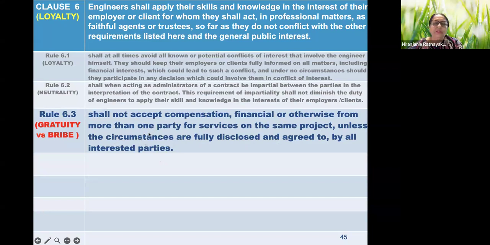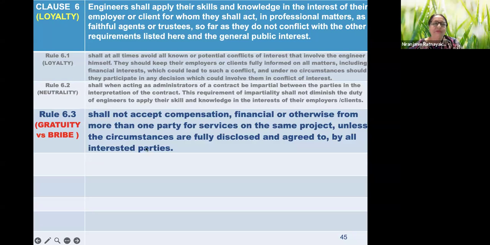Sometimes, dealing with contracts and all that for procurement, there may be situations where you can get payment from both sides, right? That is not correct. So that should be avoided.